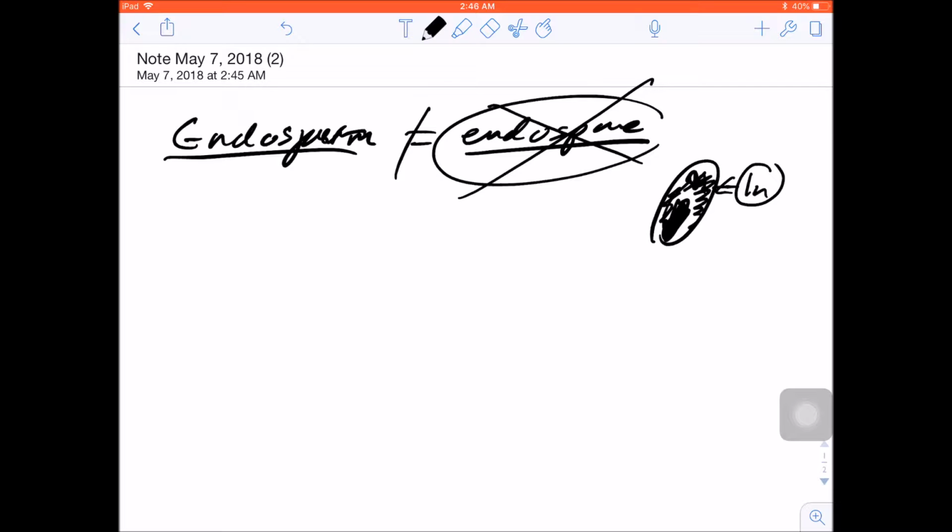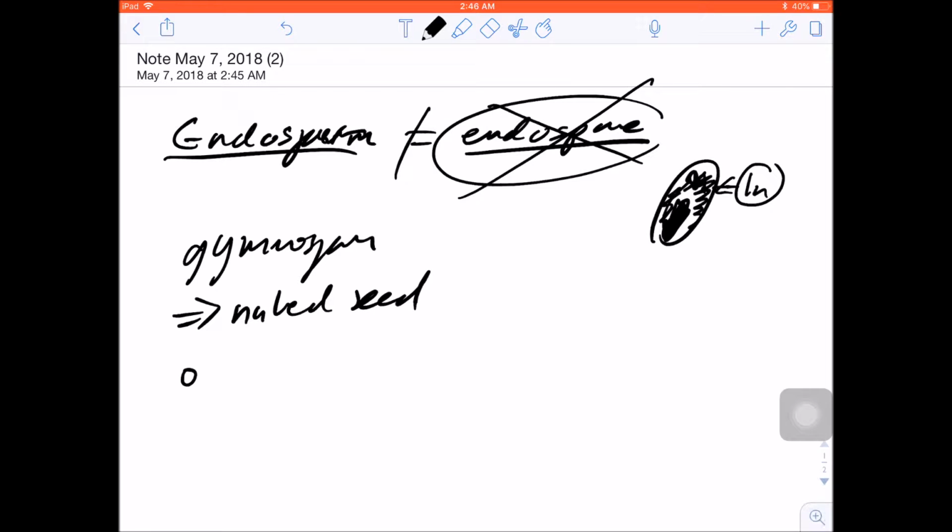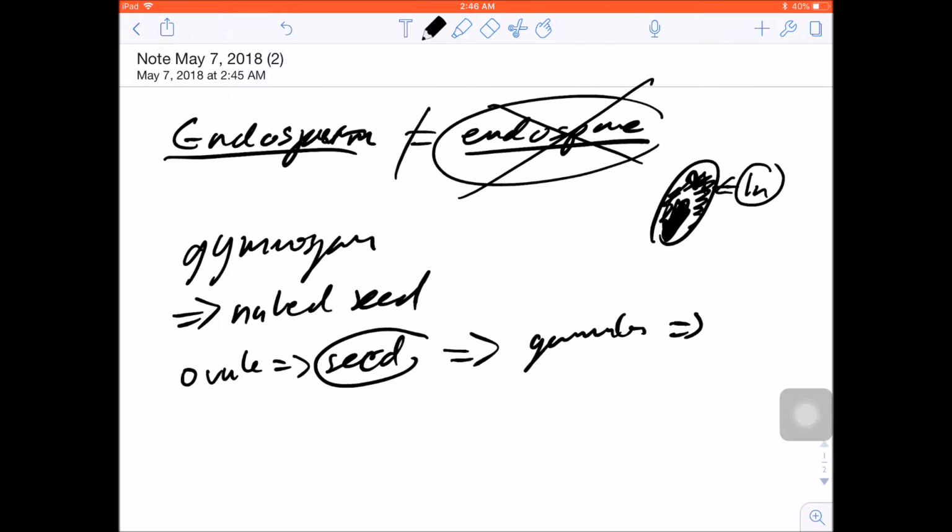Just a couple of features that I want to change up on you, which is number one, the gymnosperms have naked seeds, which means the ovule turns into a seed, and whatever that resulting seed structure is basically falls on the ground and germinates, makes a new 2N sporophyte.